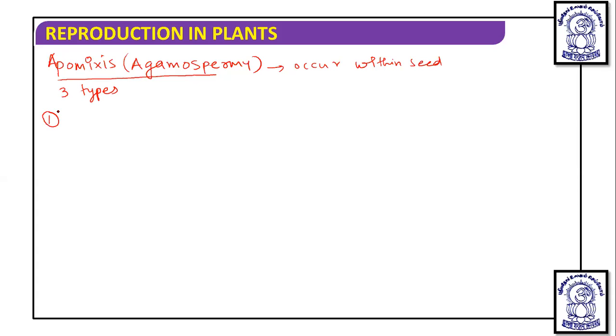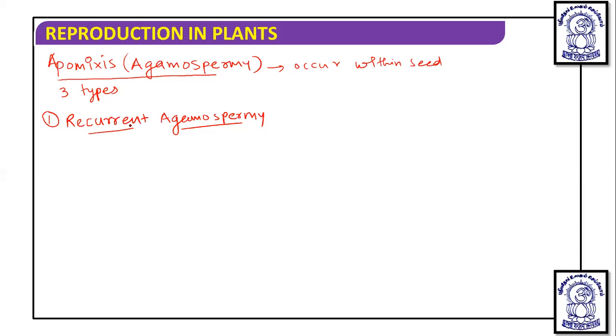Number one is recurrent agamospermy. Now, in recurrent agamospermy, the egg is diploid as the embryo sac is formed directly either from the nucellar cell or from the diploid megaspore mother cell.